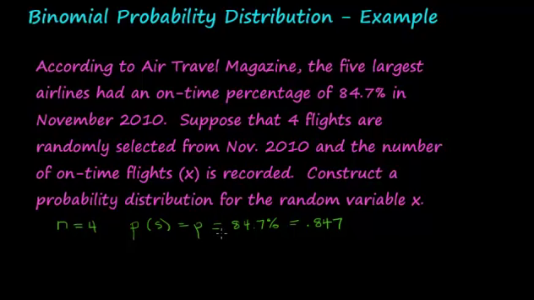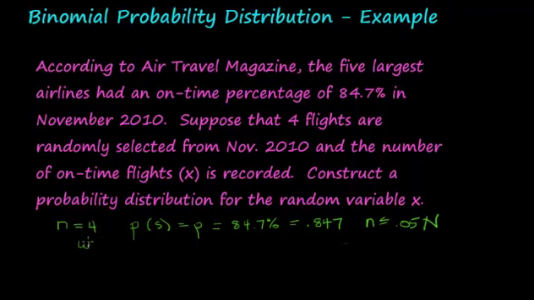Well, we don't really know how many flights there were in November 2010, but if we say that there were somewhere between 2,000 and 3,500 per day, and our sample size is just 4, then we can pretty much accept, without calculating, that our n is less than or equal to 0.05 times the population, because we're talking about the whole month of November, so 30 days times, say, 2,500 flights a day, and we're just going to look at 4, for these 5 largest airlines. So I would say we can assume independence.